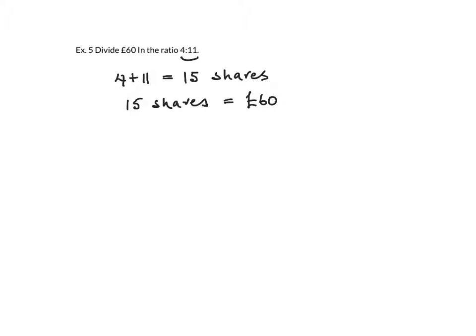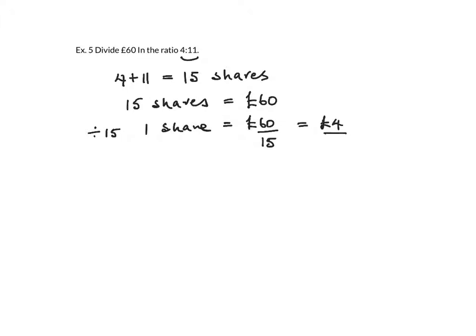Now 15 shares equals £60. We want to get one share, so we'll have to divide by 15. One share is 60 divided by 15, and that is £4.